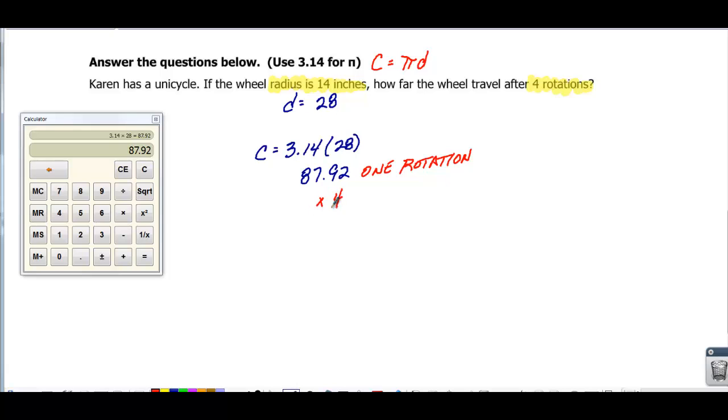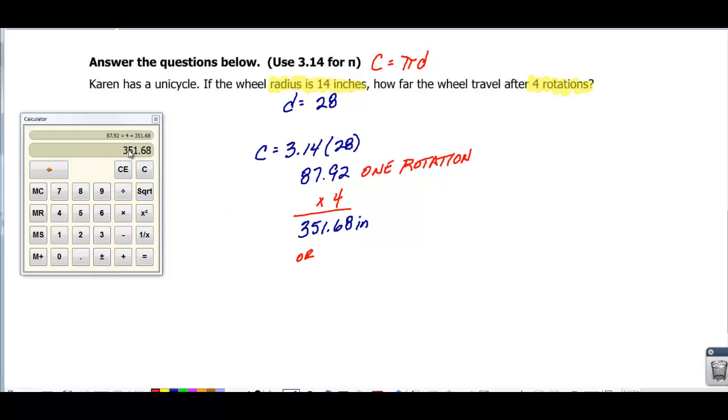We're going to multiply that by 4 because we actually have 4 rotations. So times 4 equals a total of 351.68 inches. That's how far it travels for 4 rotations. And this is also going to be an OR answer.